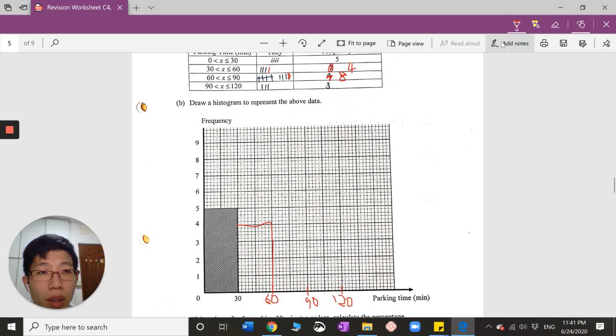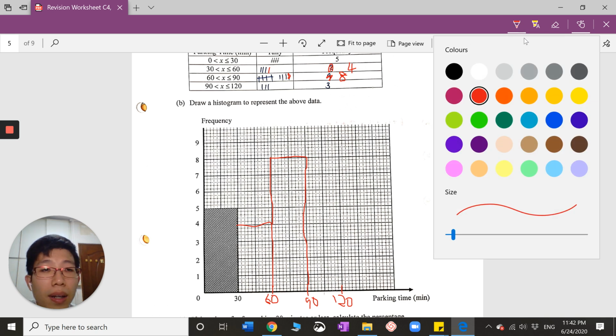Let me try to draw again. Please use a ruler to draw in the exam, because I don't have a pen to draw.